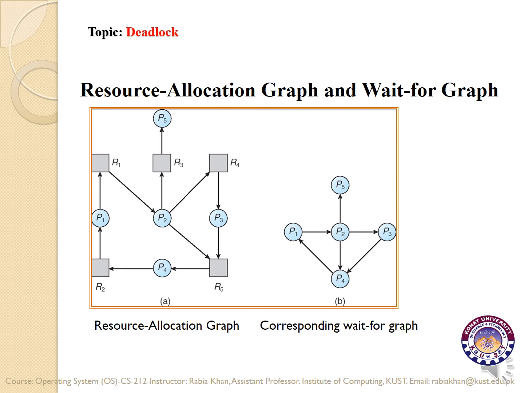Let me highlight this. So, the first circle involves 4 processes, and another circle is between P1, P2, P4 and back to P1.